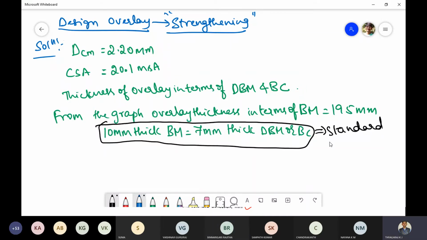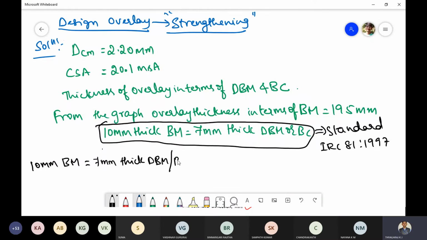This is the standard provided by IRC 81 1997. A 10 mm thick bituminous macadam is approximately equal to 7 mm thick DBM or BC.